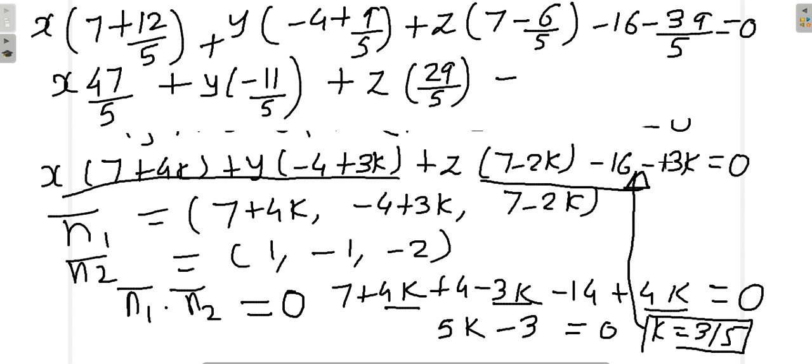I think it is plus 13 in the original problem. I don't know, whatever it is. Let's take it as minus, makes no difference. You can multiply throughout by 5. That gives you the solution.